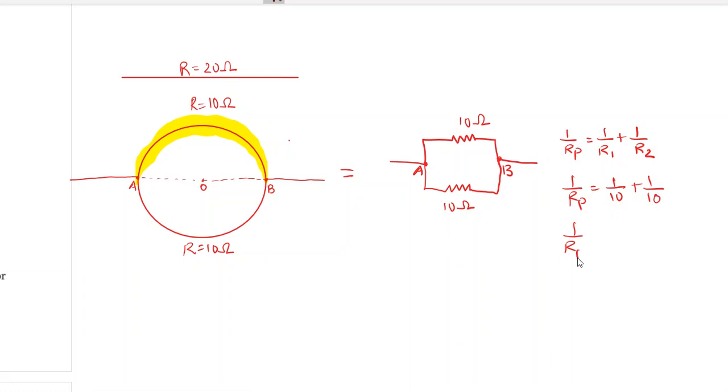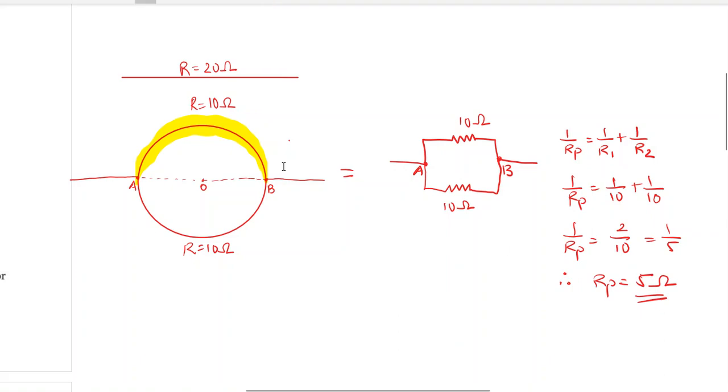So 1 upon Rp is equal to 2 upon 10, which is 1 upon 5. And therefore Rp is equal to 5 ohm. Rp is equal to 5 ohm. Correct?